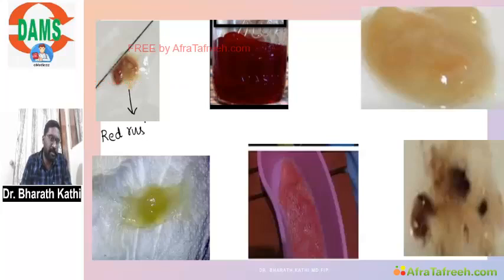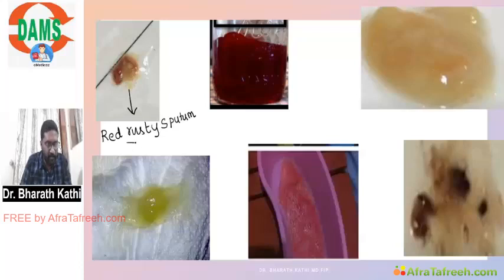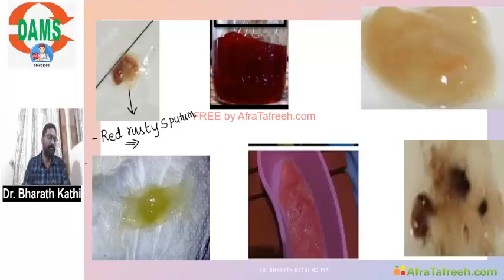It will be red, but not red as blood. It will be red as iron rust. Can anybody tell me what is the infection responsible for red rusty sputum? A common cause of pneumonia. It is streptococcal pneumonia.